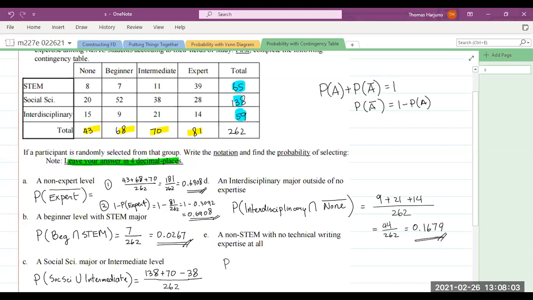And last one, what is the probability of selecting a non-STEM, outside of STEM, with no technical expertise at all? Outside of STEM, okay, outside of STEM, but no technical expertise at all.